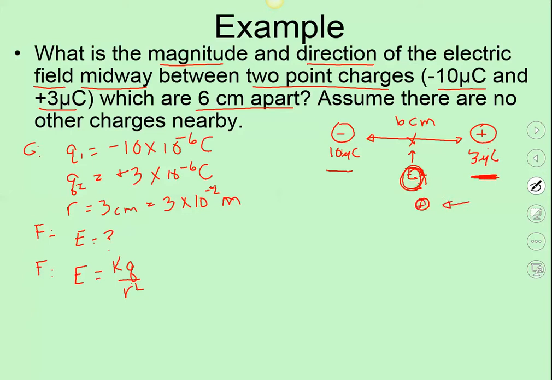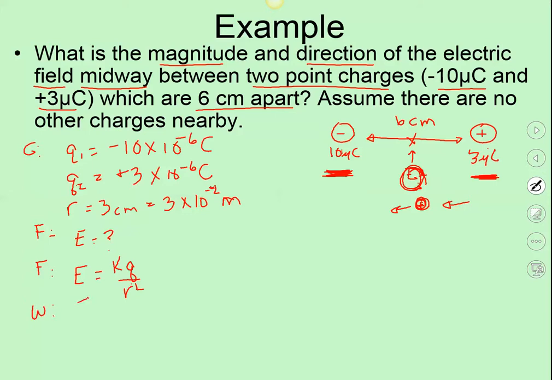If I put my positive test charge here and I look at the field created by the 10 microcoulomb charge, at that point the field is also going to point left. So they're both going to add together, and the net field is going to be left or west or negative in convention.